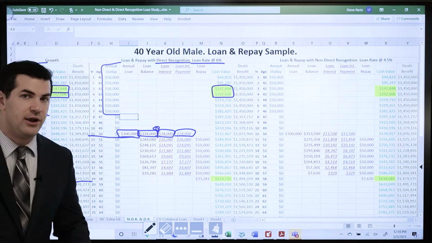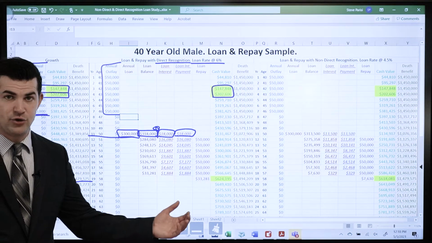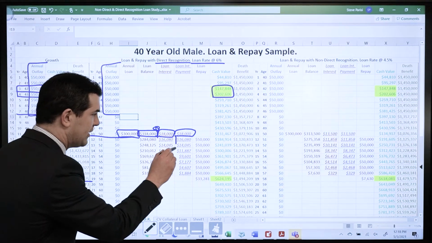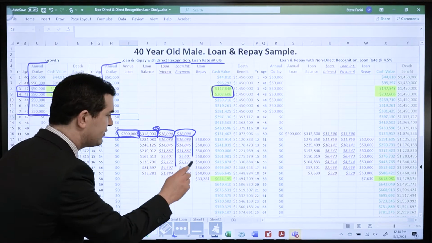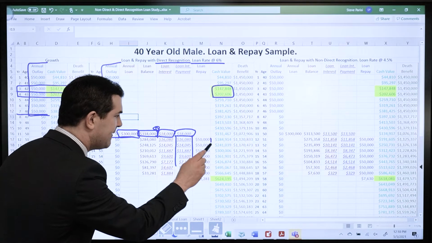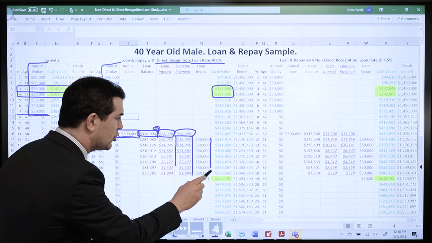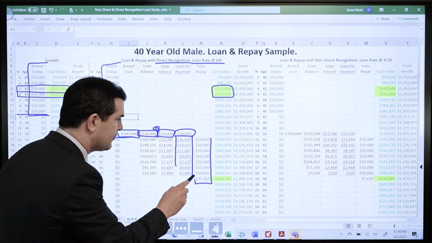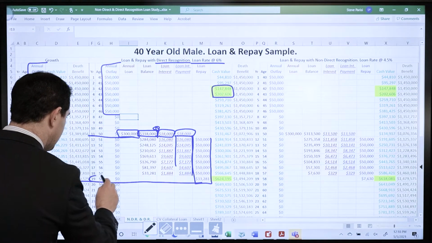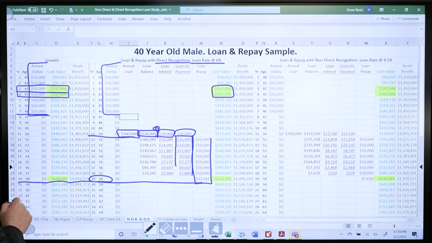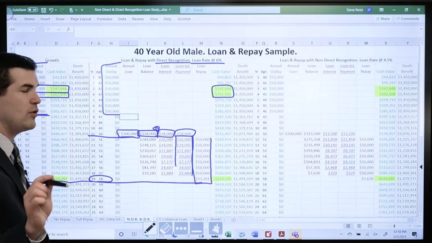Now the next year, we begin to pay the interest, which is always optional. We can pay the interest however we want. Same thing with loan repayments, but we're going to cover the interest and apply $50,000 per year toward the principal balance. So it is paid off year 19 by age 58. This is a direct recognition policy.